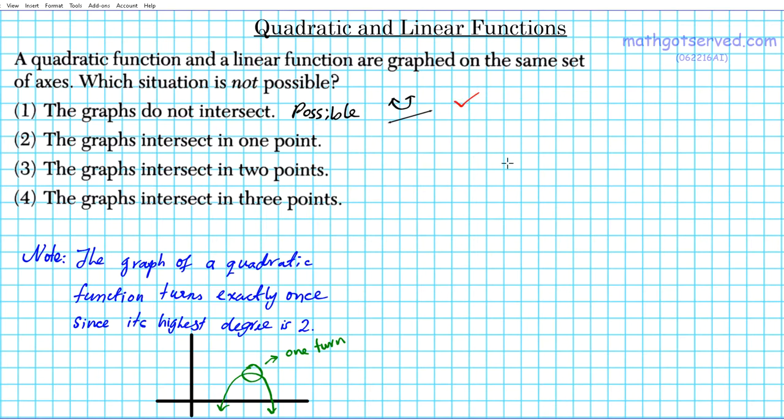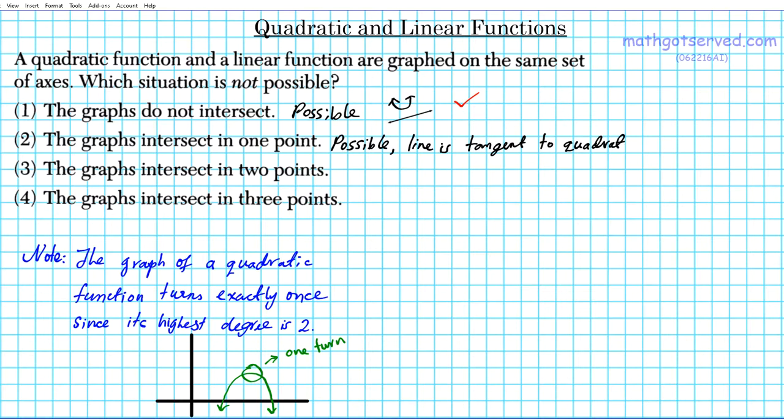Now let's move on to the next one. It says the graphs intersect at one point. Is it possible for a quadratic function and a linear function to intersect at exactly one point? Absolutely. This is the case when the line is tangent to the quadratic.